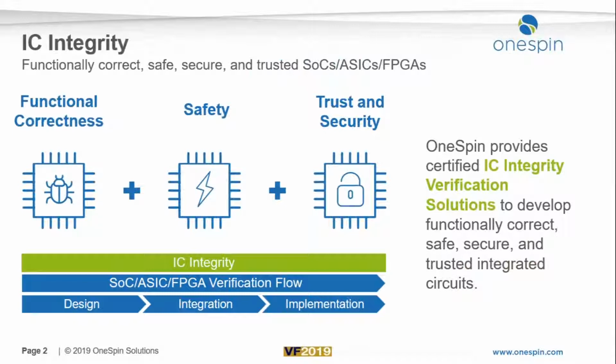Safety: how your hardware behaves in the presence of faults, for example random faults in the field. This is particularly important for applications like automotive, being compliant to standards like DO-254 for avionics, ISO 26262 for automotive. And trust and security, where you're looking for vulnerabilities in your hardware. This is the focus of this talk.